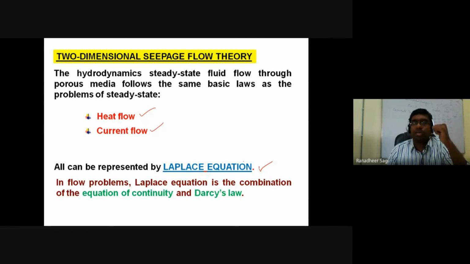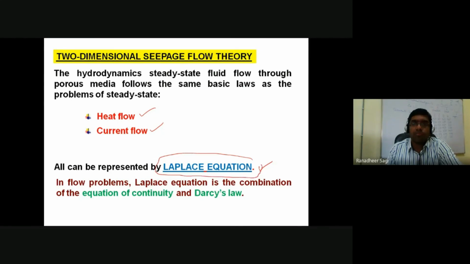So the way those problems, heat flow or current flow, are analyzed, in the same way hydraulic flow problems are also going to be analyzed by the Laplace equation.